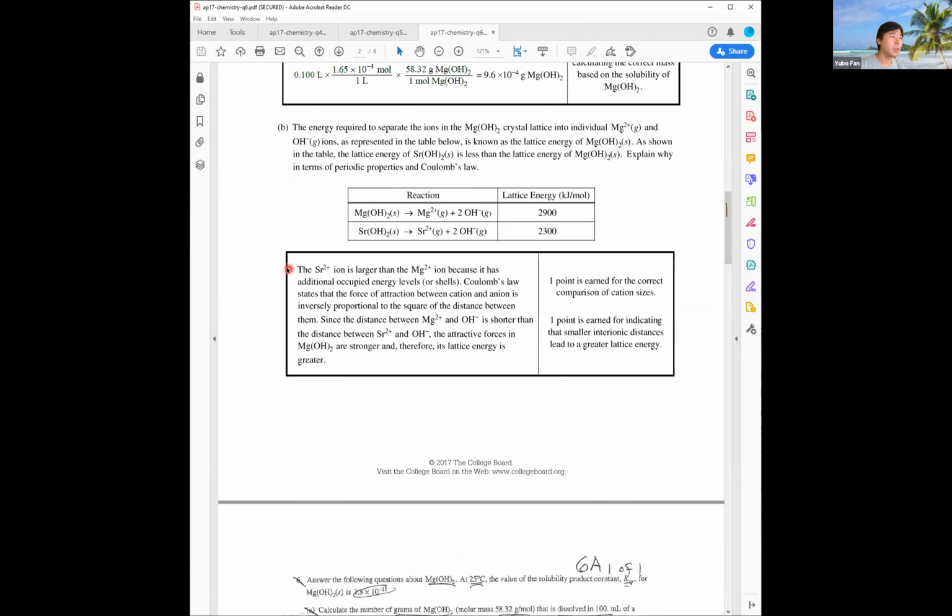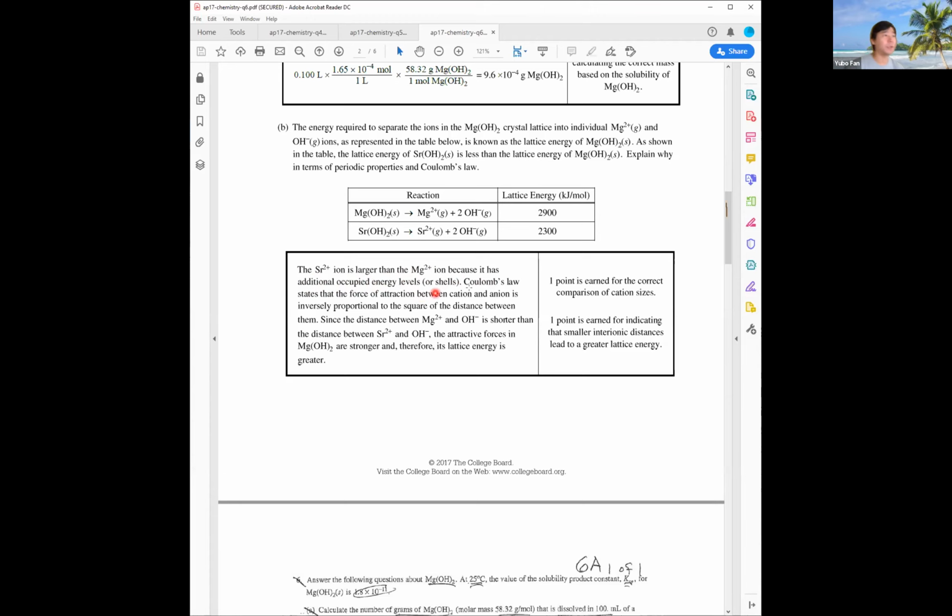If you write it this way, it's okay. So the answer is shown here: the strontium 2+ ion is larger than magnesium 2+. You need to write this one. This is the trend for atomic and ionic radius, because it has additional occupied energy levels, or just additional shells.